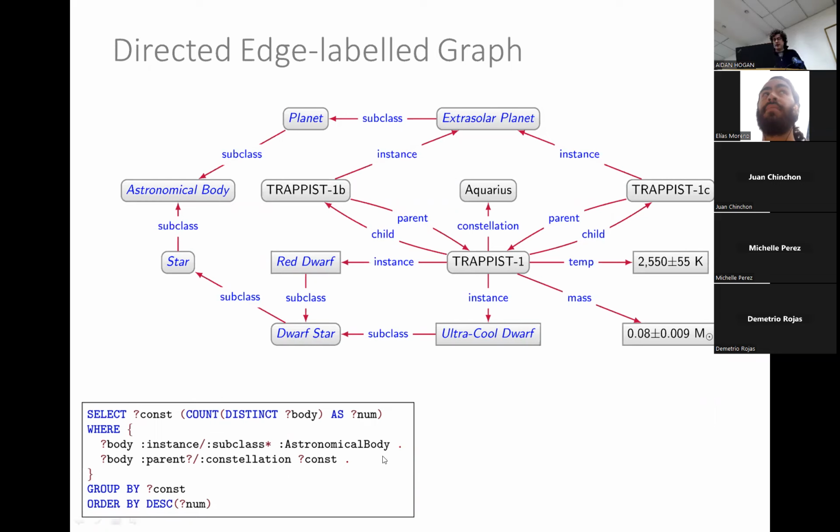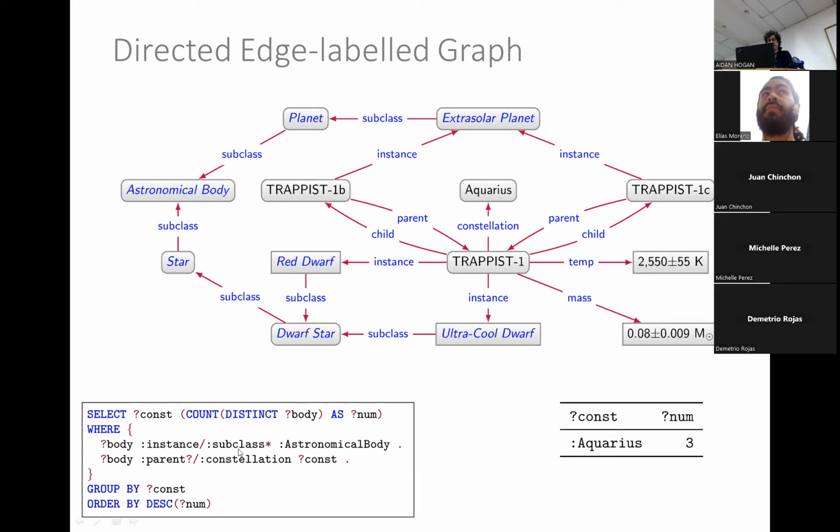So in the case of graph databases, we can. In this case, this pattern here says body with one instance, and then we follow 0 or many subclass to arrive to astronomical body, and we return those instances. So we can somehow do these graph queries. In this case, we're counting essentially how many astronomical bodies there are in the Aquarius constellation, or whose parent is in the Aquarius constellation.